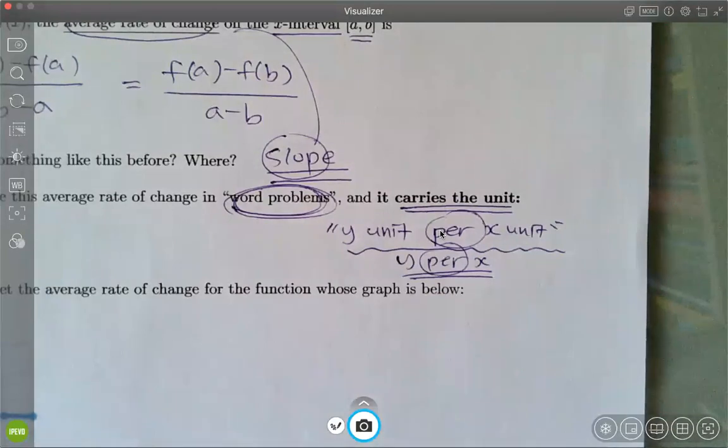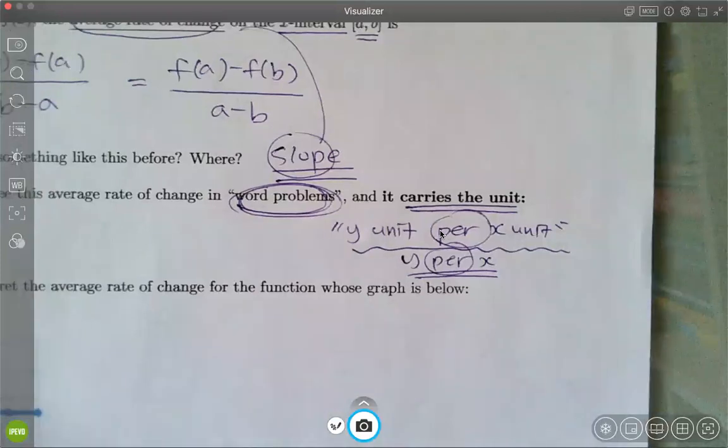Miles per gallon, yeah. And another one, miles per hour. So this something per something is actually quite closer to us than what we might think. Okay, so let's look at these two problems.